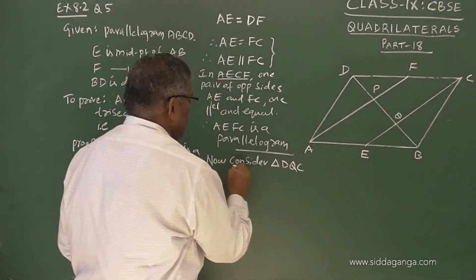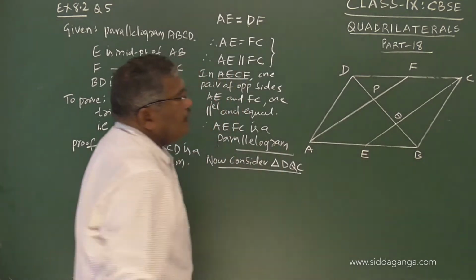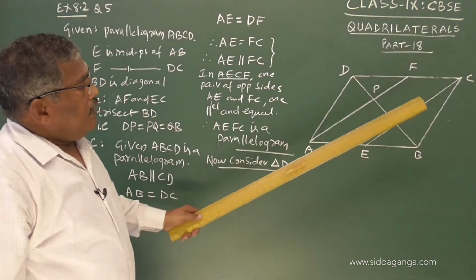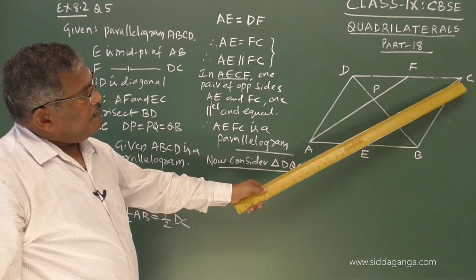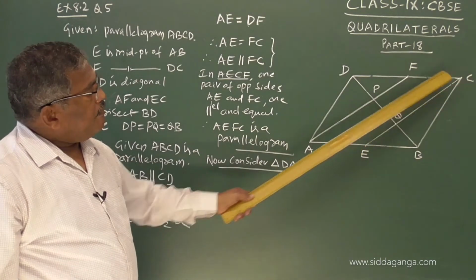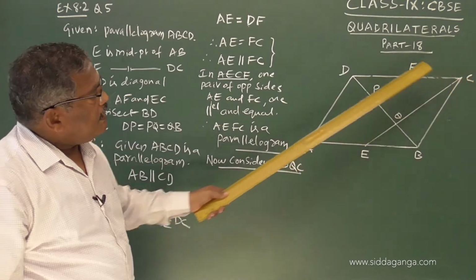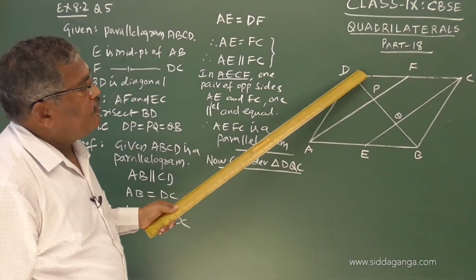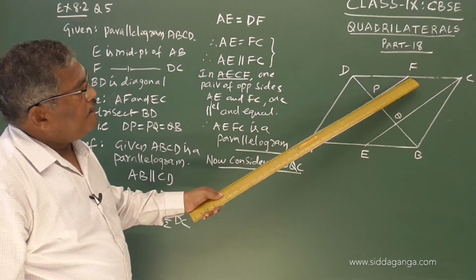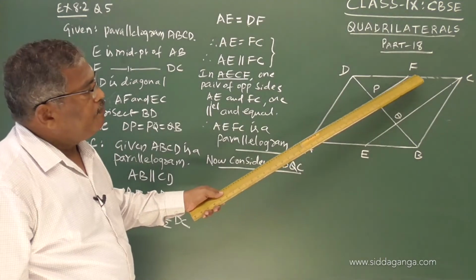In this triangle, DQ is one side, QC is another side, and DC is the third side. We know that F is the middle point of DC.